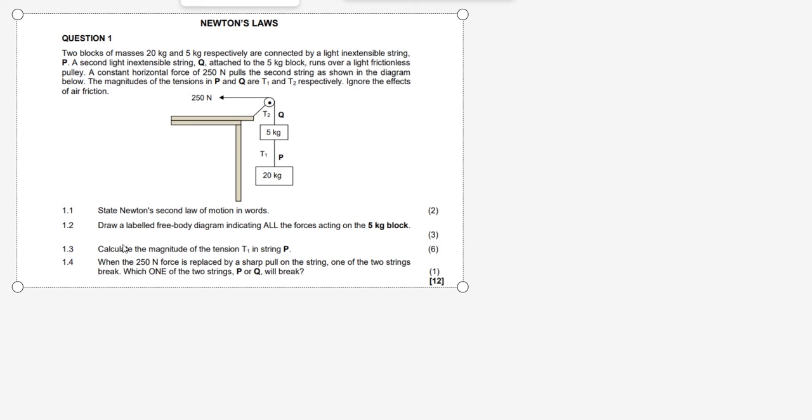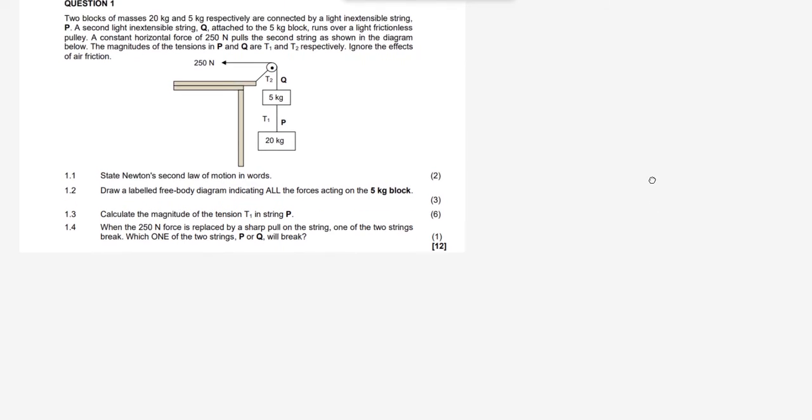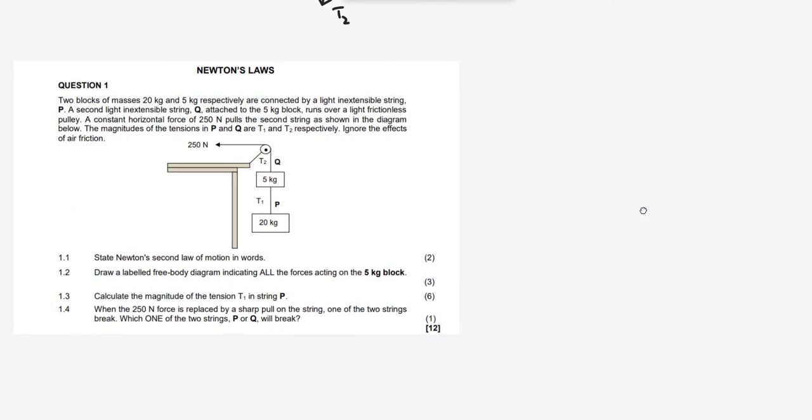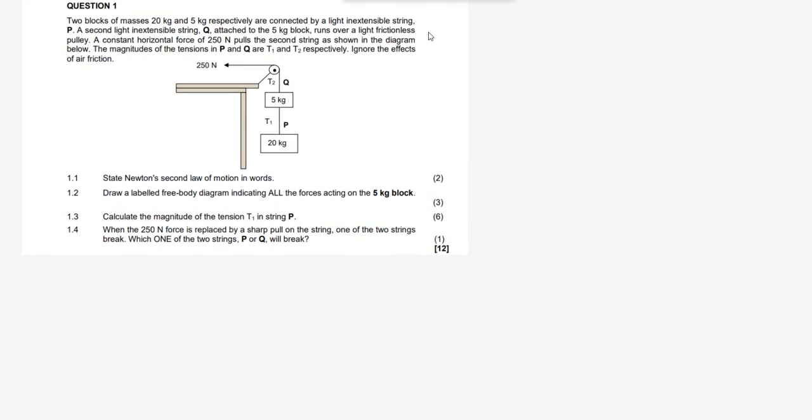And when we go to 1.3, it says calculate the magnitude of the tension T1 in string P. So now we are going to calculate the magnitude of the tension T1. It's always best to draw free body diagrams for both objects, even though you are not required to when calculating.